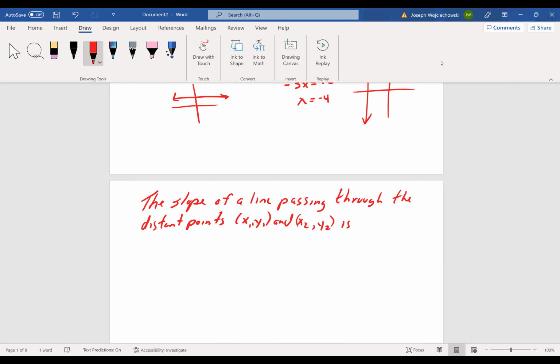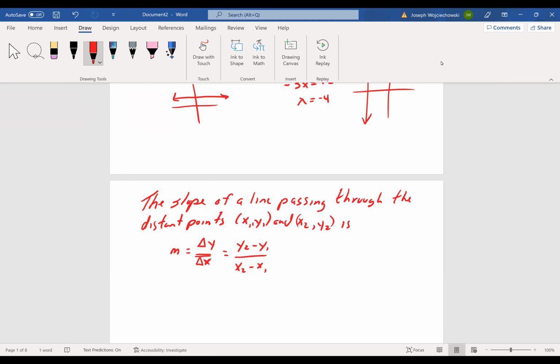So this looks like this. Slope, we say it's m. So it's the change in y over the change in x. Don't worry, you don't need to know the delta symbols yet. So this is y2 minus y1 over x2 minus x1.